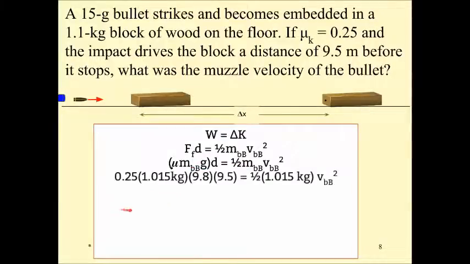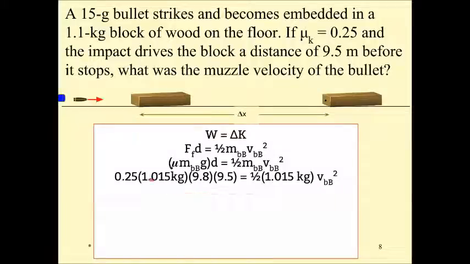But I'm going to leave them in because most students would just leave them in, and they'll put the 0.25 and the combined mass of the block and bullet. So the mass is 1.115. I didn't even put it in correctly because it cancels out. Oh well, times 9.8 times 9.5, the distance, and that's equal to 1/2 of the mass times velocity squared.